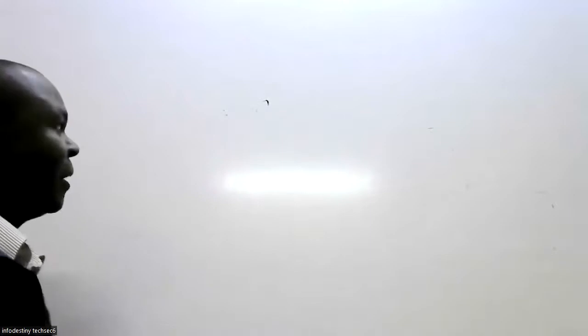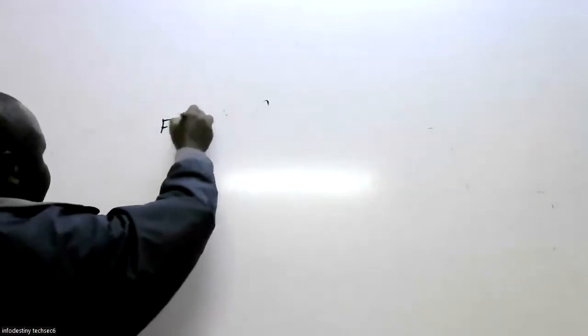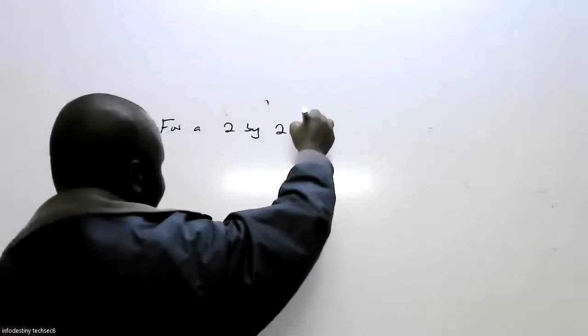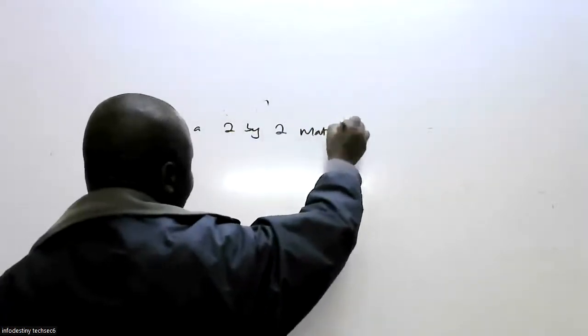It simply means that when the matrix is not a square, you cannot obtain the determinant of that particular matrix. Only the square matrix is the one you can obtain the determinant. So we are going to look at a 2x2 matrix. That's the one you're going to study.